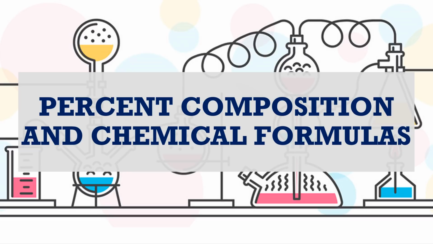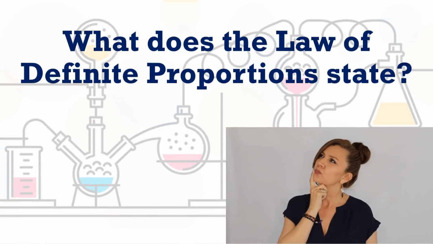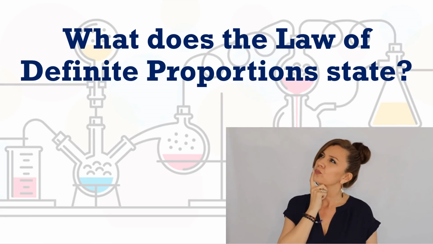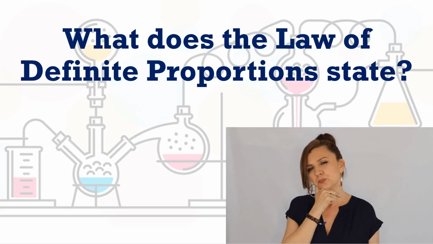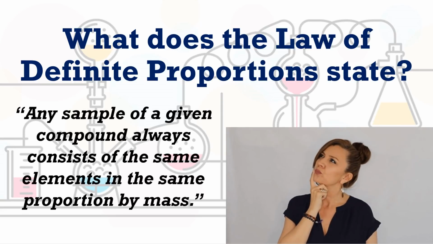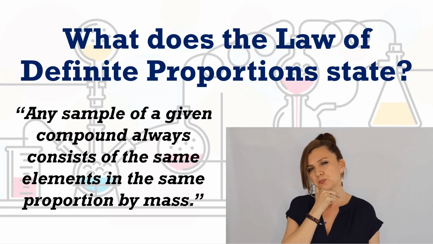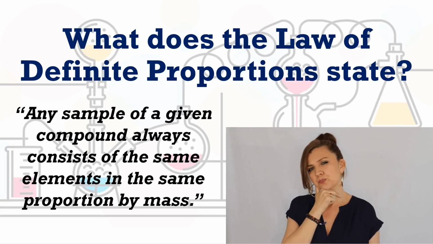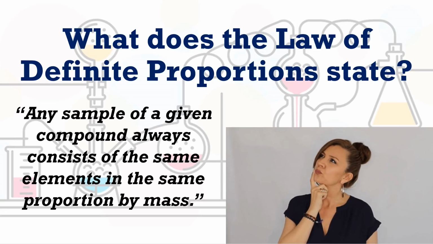So before we begin with percent composition, let us try first to understand what the law of definite proportions states. The law of definite proportions states that any sample of a given compound always consists of the same elements in the same proportion by mass.